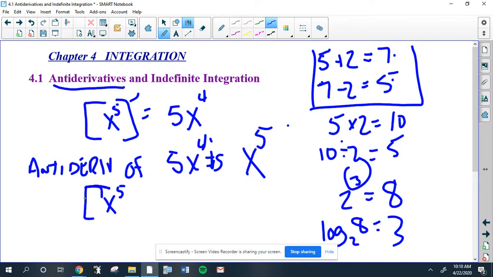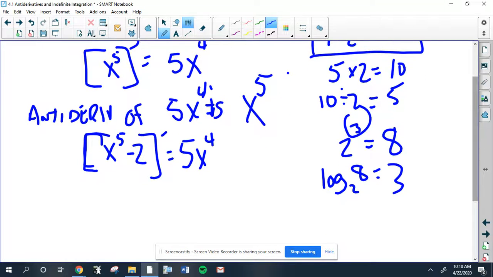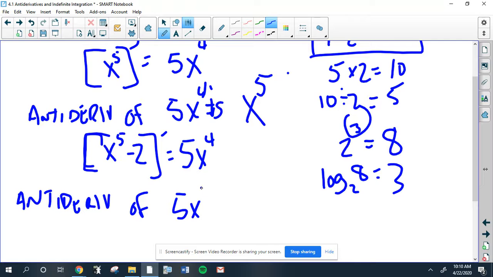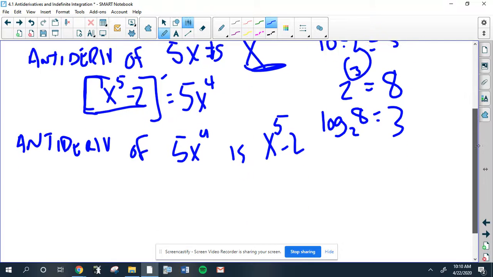In other words, if I said the derivative of x to the fifth minus 2, we know is 5x to the fourth, that means the antiderivative of 5x to the fourth doesn't have to be x to the fifth. It could be x to the fifth minus 2. It could be x to the fifth plus or minus anything, as long as that anything is a constant. So that's what antiderivatives are.